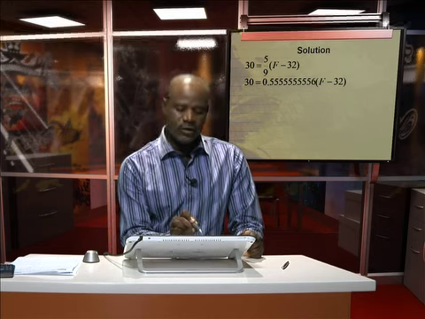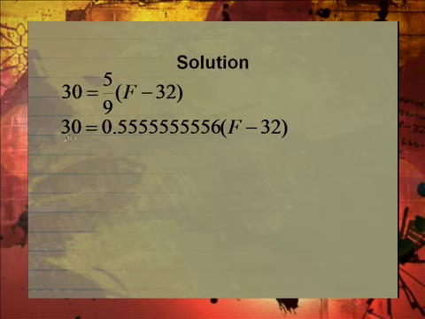Okay, we're looking at this. We have 30 equals 0.5555, you have 6 there, times F minus 32. It looks complicated, but it's not. Let's do it small. This number you got from the calculator, you're going to divide through to get F minus 32 by itself.